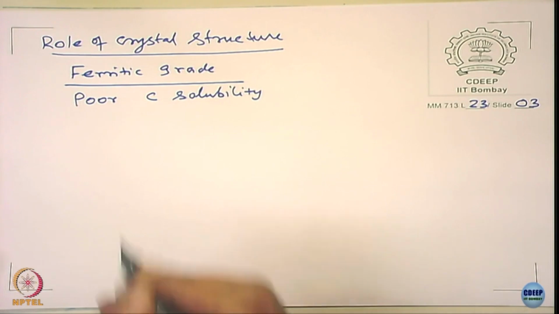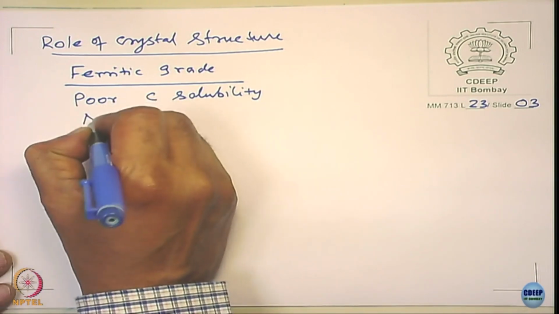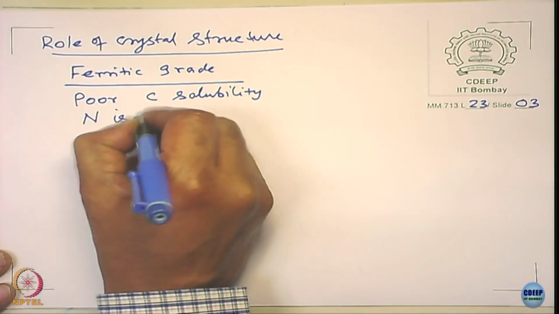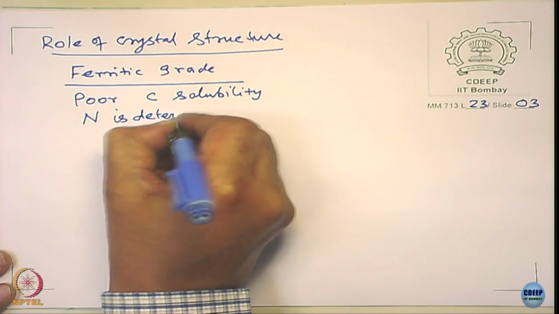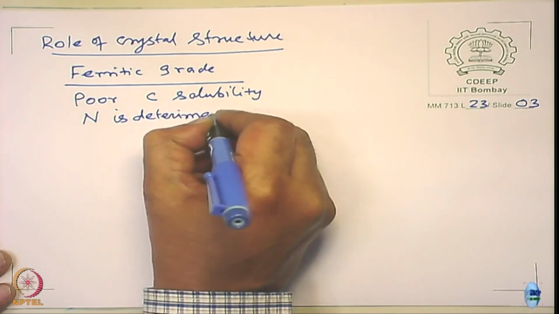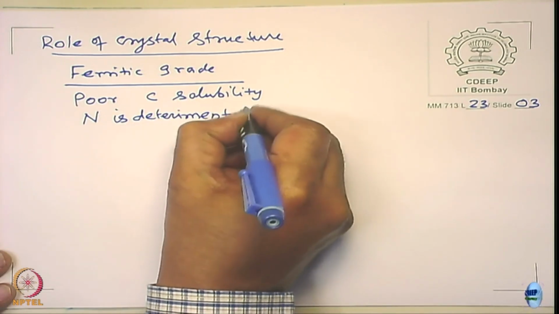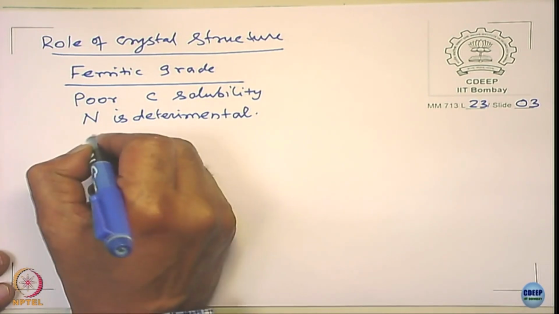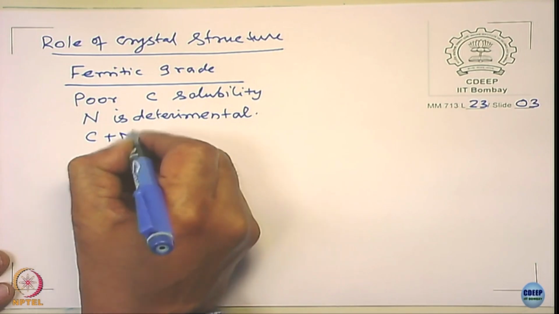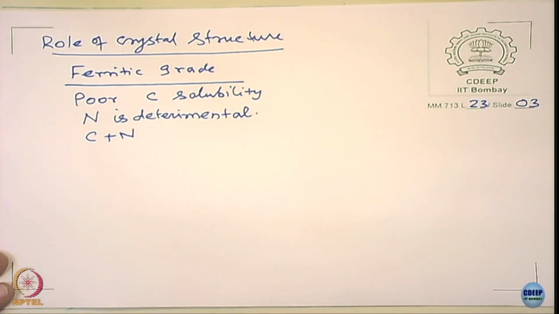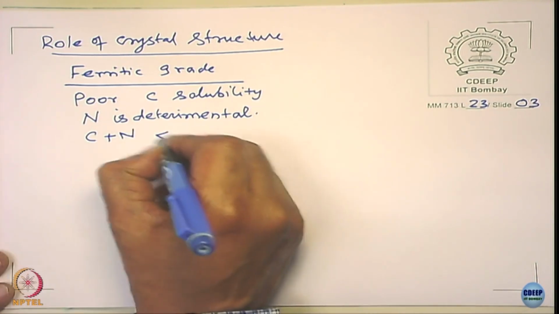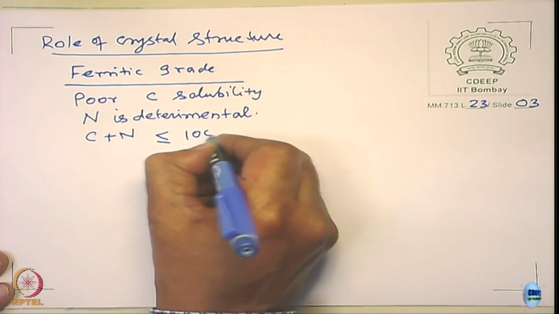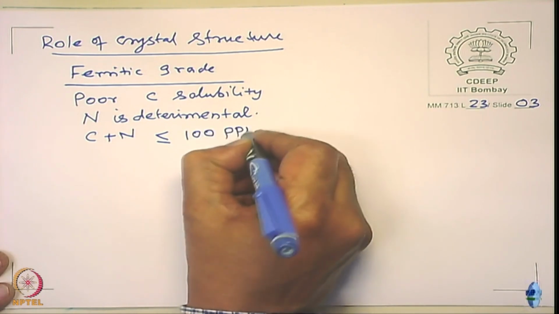So, in this case even nitrogen is detrimental. So, we can say that carbon plus nitrogen has to be less than 100 ppm.